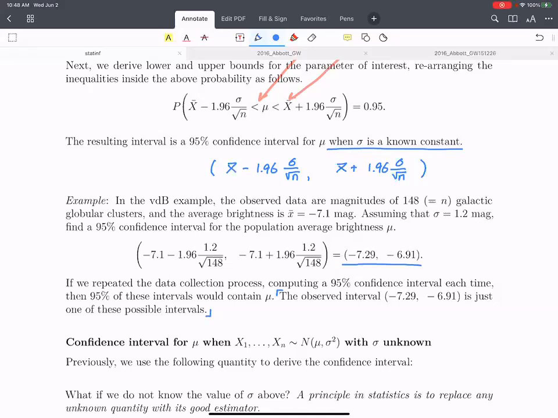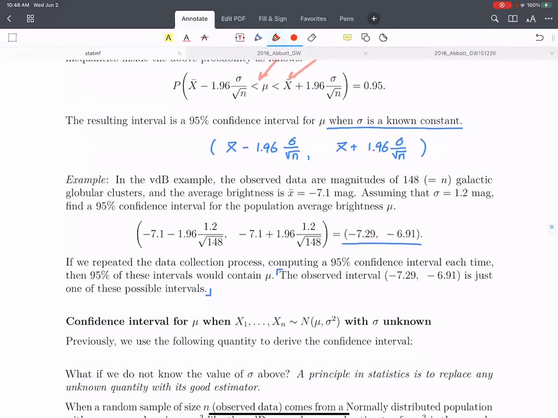The observed interval is negative 7.29 to negative 6.91. It's just one of the possible confidence intervals based on the random realization of the data. So again, the rigorous interpretation is based on a repeated, hypothetical experiment.